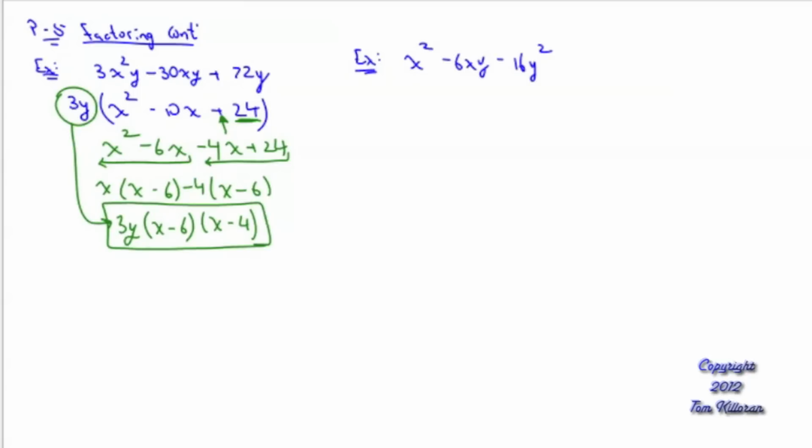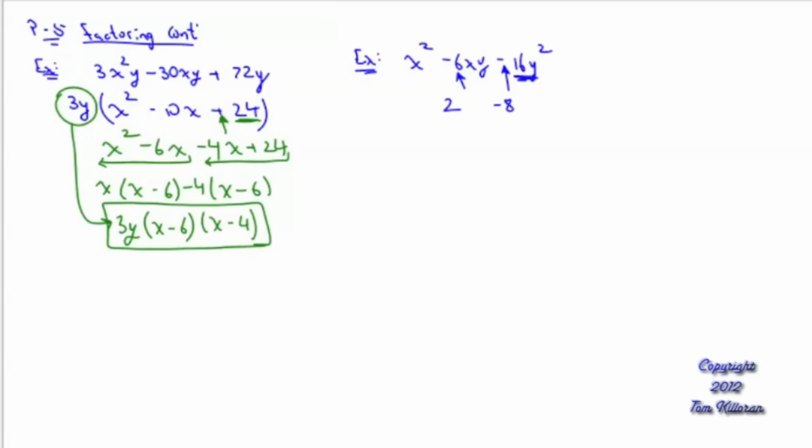So you look at the last term, which is 16. I don't care about the y squared, I really am interested in that 16. So it's factors of 16 that subtract up to negative 6. And we'll worry about the y in a second. So what are factors of 16 that subtract up to negative 6? A positive 2 and a negative 8. So I'm going to write it as 2 minus 8.